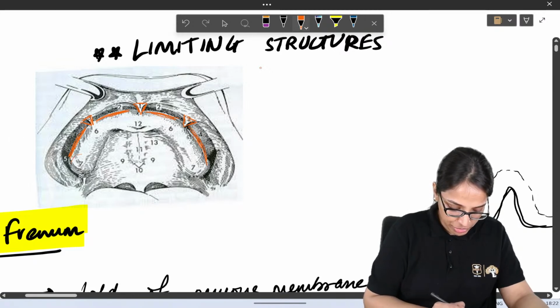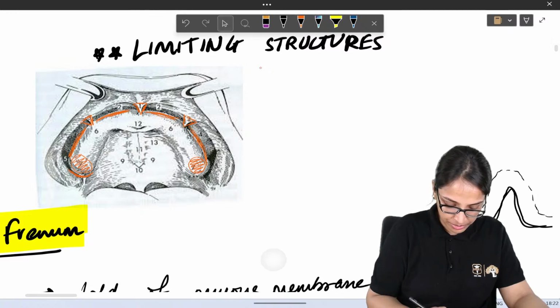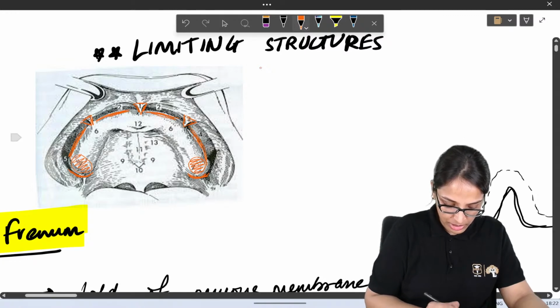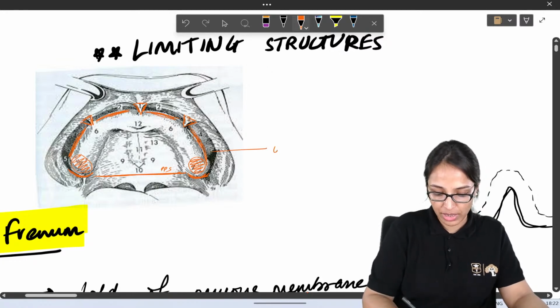This would be my tuberosity region. Then we have our hamular notch posterior to the tuberosity, and in between the hamular notches, we will have our PPS region. If you unite all of them, you form the outer limit of a denture.